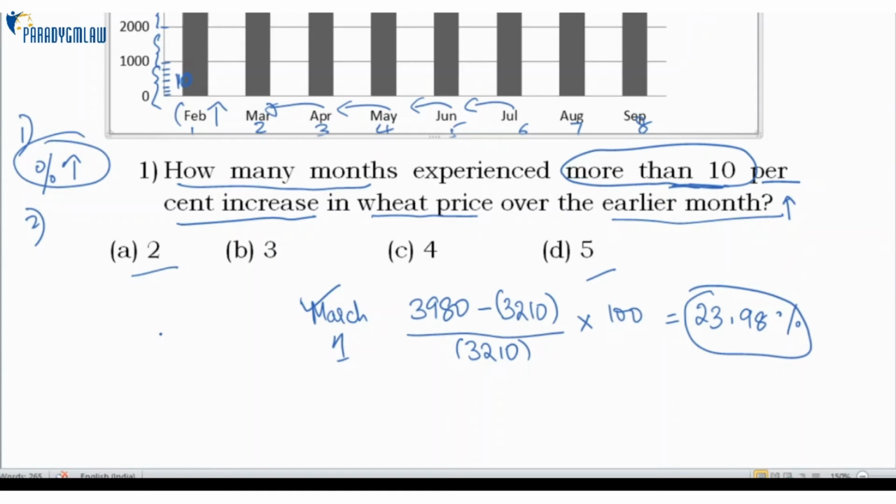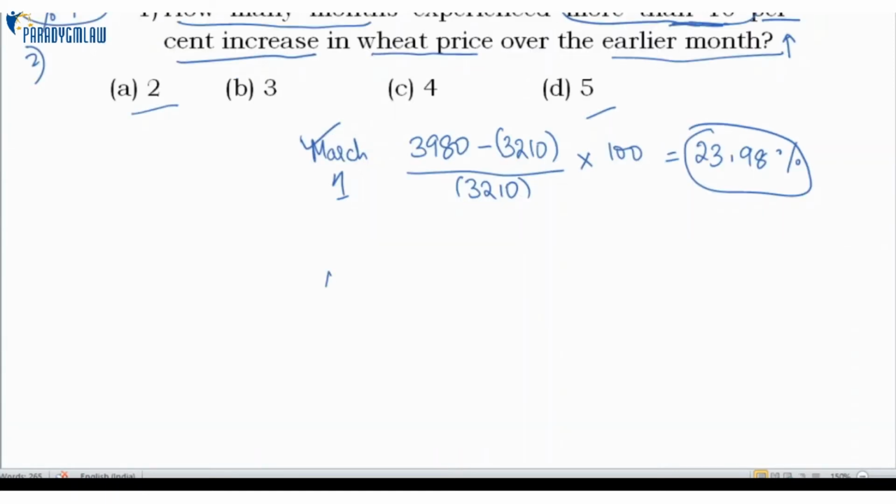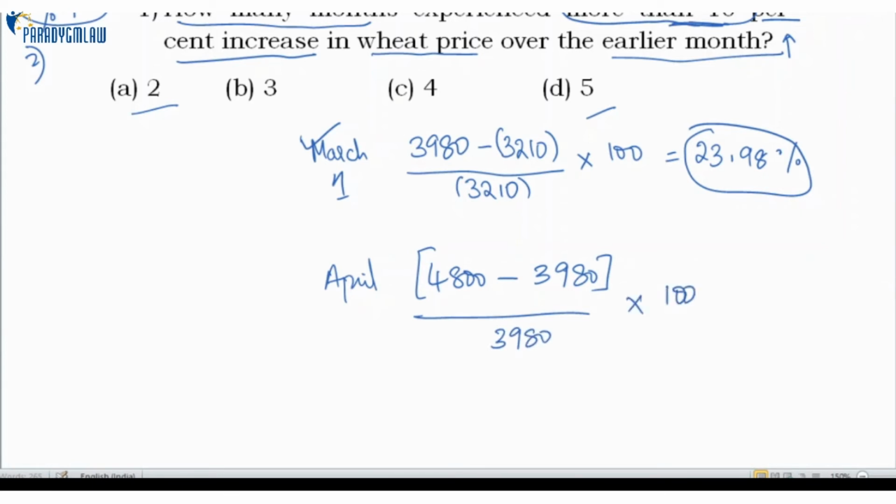Let's calculate for April and March. In April, my number is 4800. I'm looking for percentage increase. So the bigger number minus March, 3980, divided by 3980, out of 100.